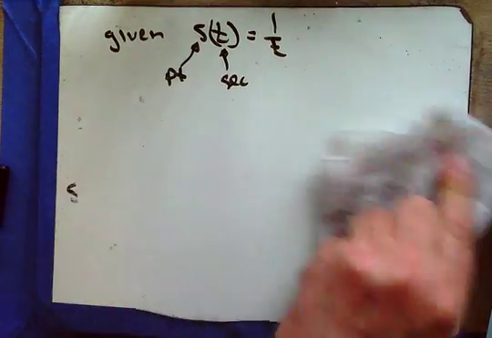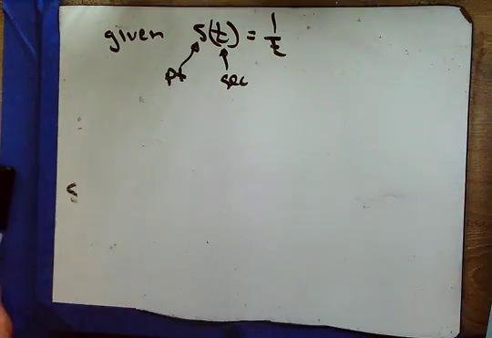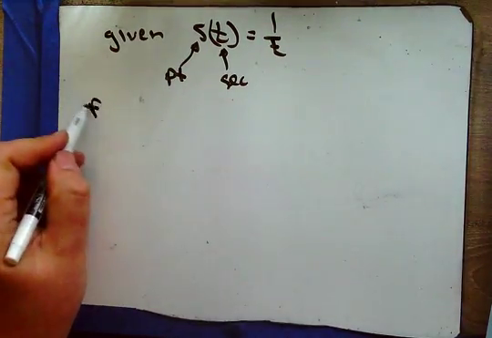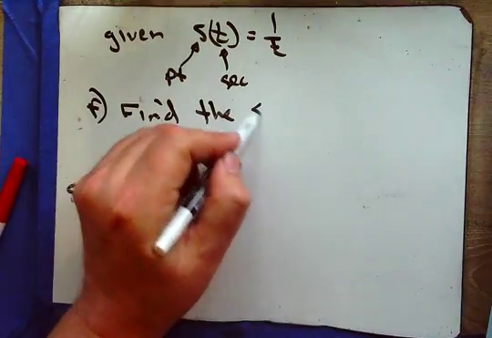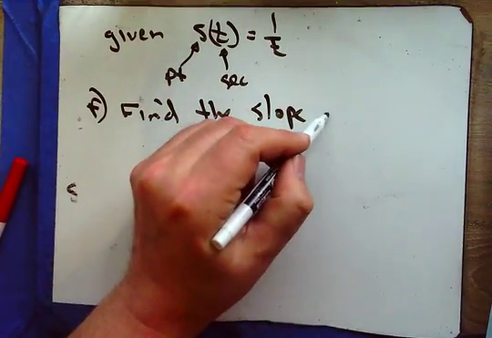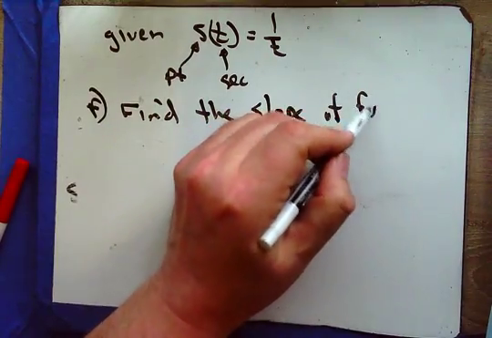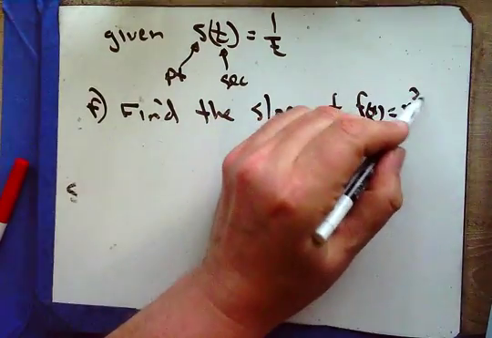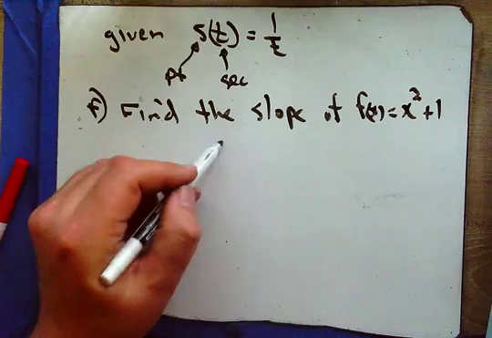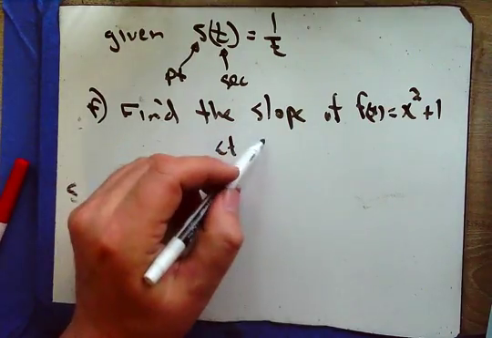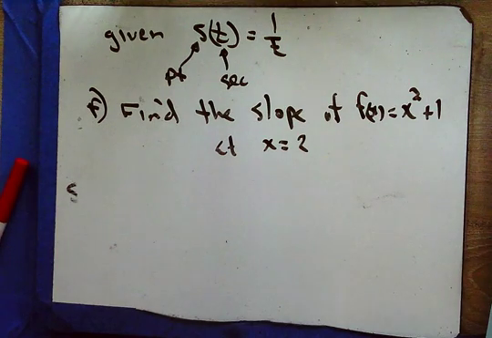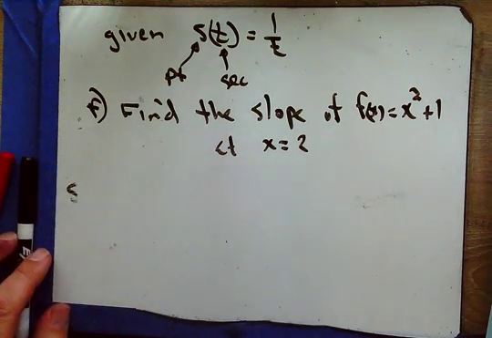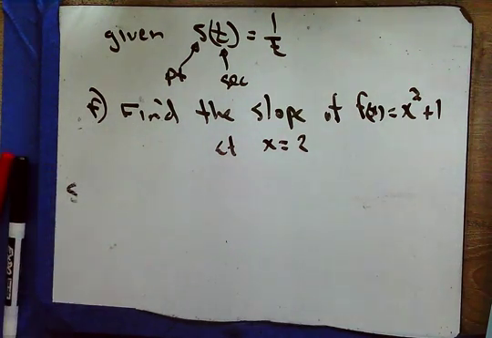Okay. Next, F. Find the slope of f of x equals x squared plus 1 at x equals 2. Okay, so what can we do then?